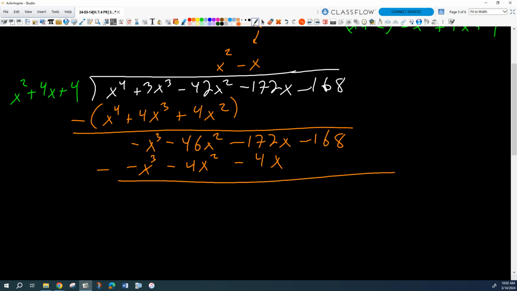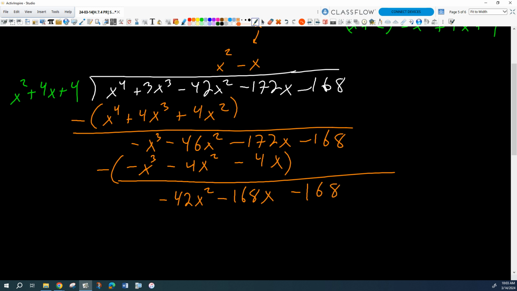I'm going to subtract vertically. Those cancel. Now be careful, I'm subtracting. What do I get here? Negative 42x squared. Negative 42x. How about here? 160. Good.